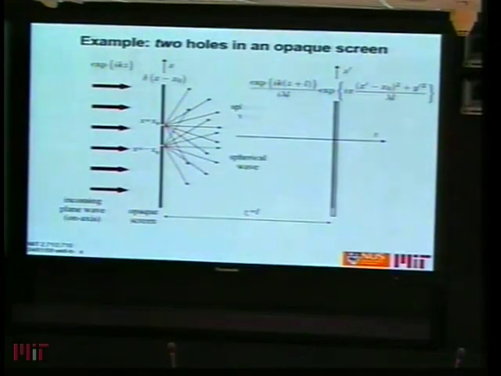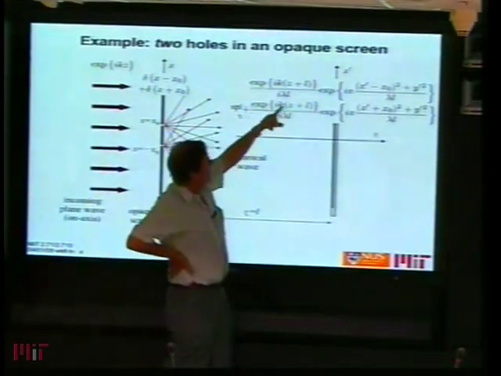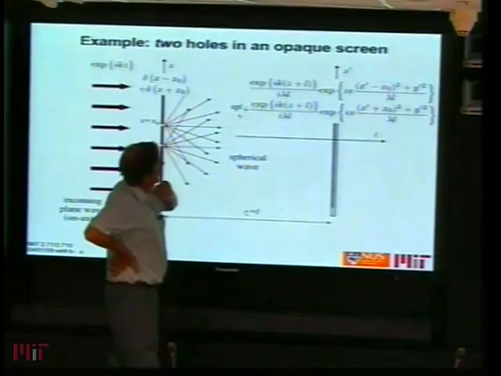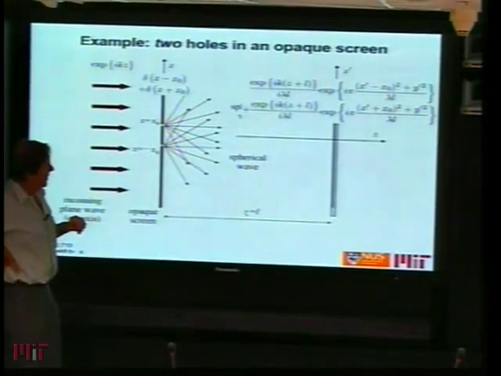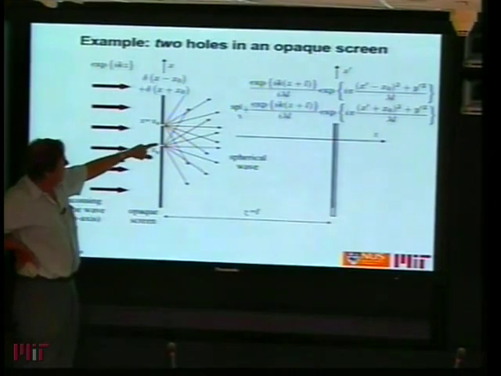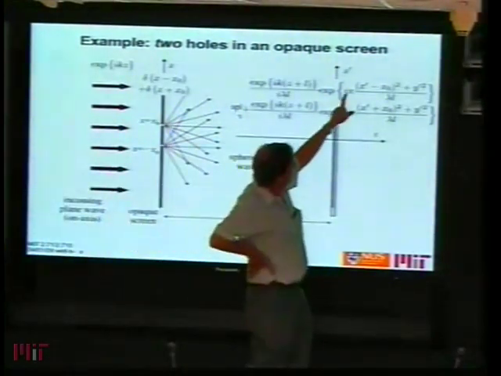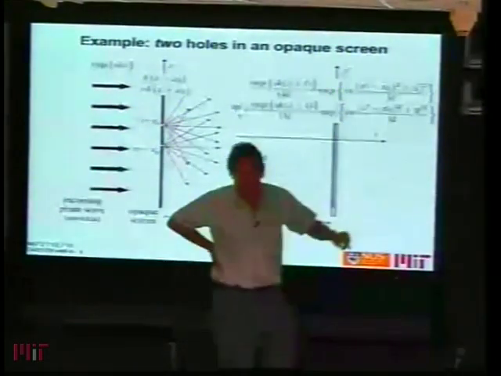And another equation. So these are the equations of what you'd see on the screen for each of these two spherical waves. If you look at them, you'll notice that these are a distance x0 and minus x0 relative to the axis, and the only difference in these expressions is this sign, plus and minus.